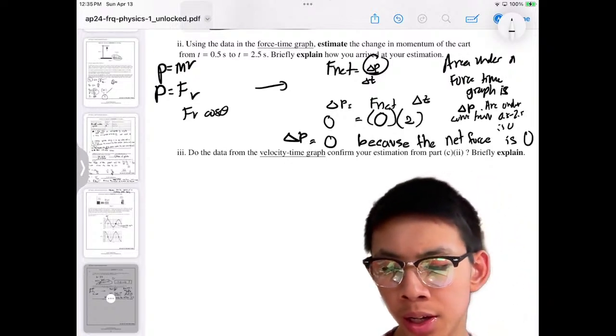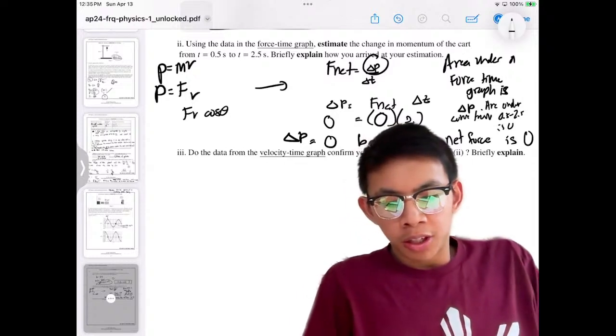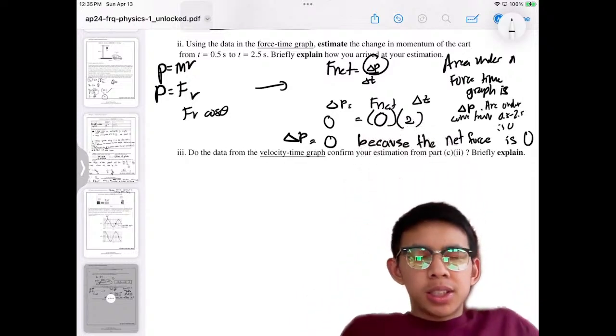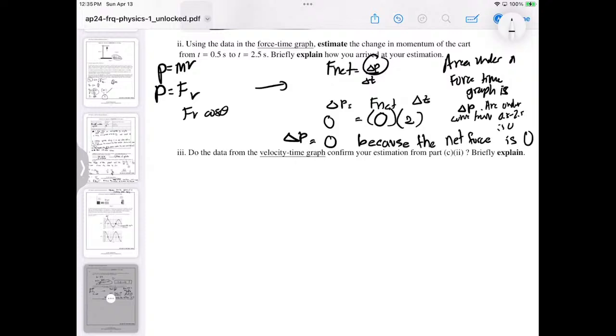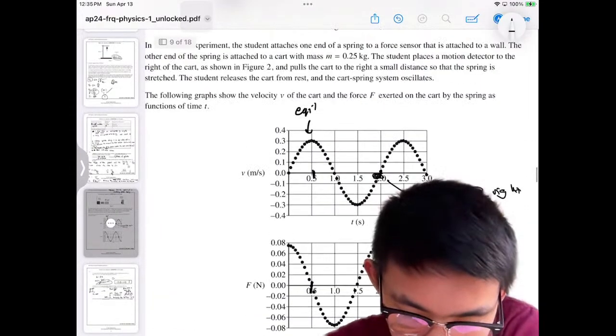Does the data from the velocity time graph confirm your estimation from part C2? mv over t. Probably yes, right?